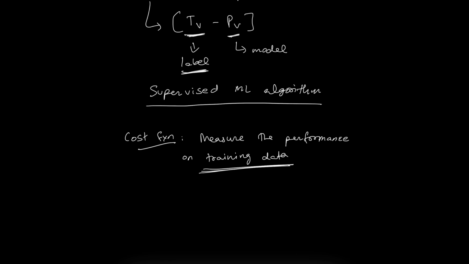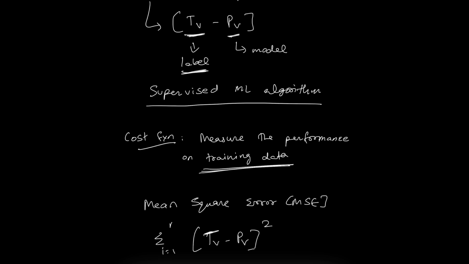And usually we use metrics or measures like mean square error, especially for continuous variables, such as in linear regression we will use mean square error, which is basically the sum of the square of the difference between the values. So this is the difference between the actual value and the predicted value, and then we square them and we take the sum from i equal to 1 to n.